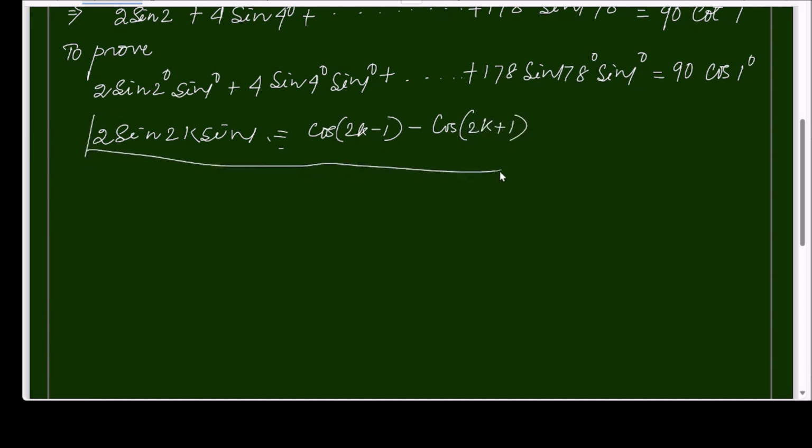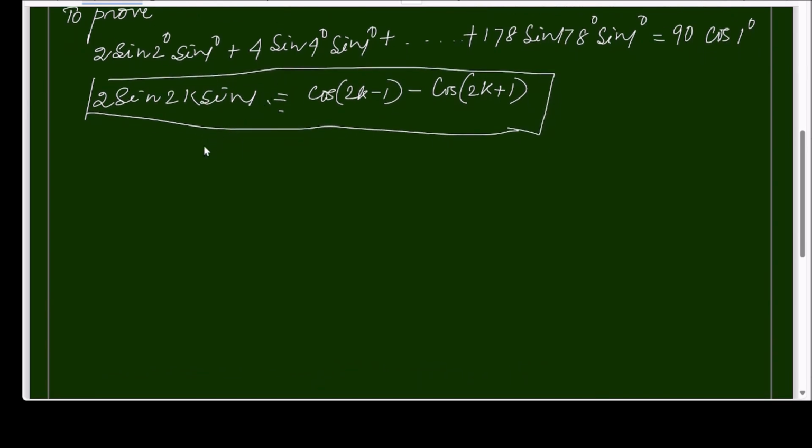I am applying this formula to each of the terms. So 2 sine 2 degree sine 1 degree; here I will take 2 common so that I get 2 times sine 4 degree and again sine 1 degree.